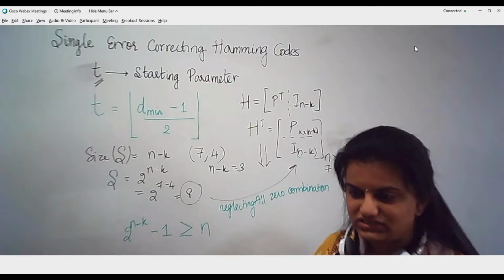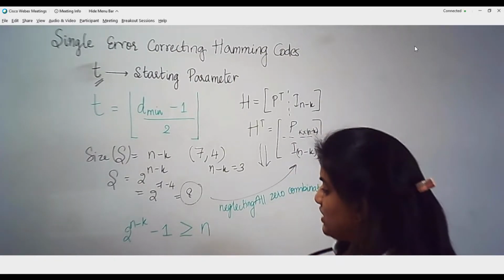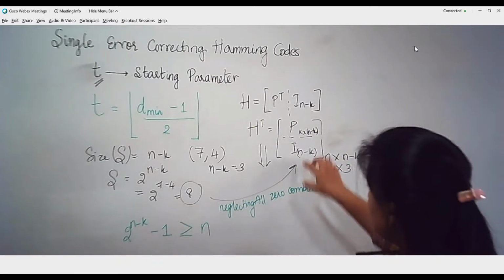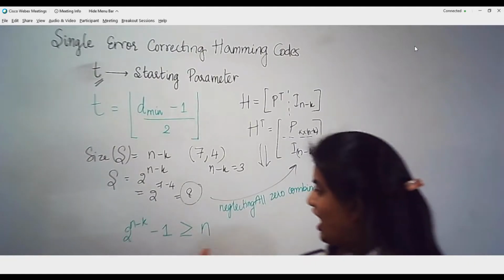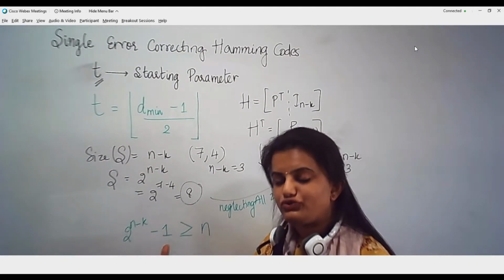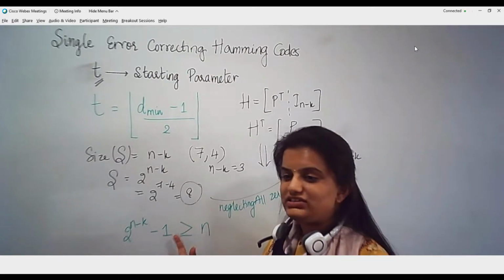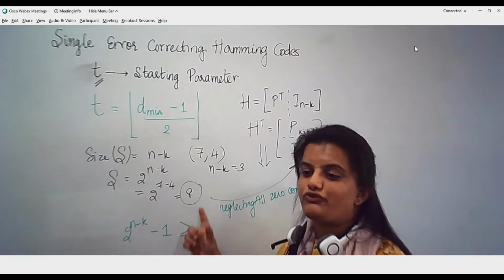So please try to understand this. The 2 raised to n minus k minus 1 non-zero syndrome combinations should always be greater than or equal to the number of code vectors.